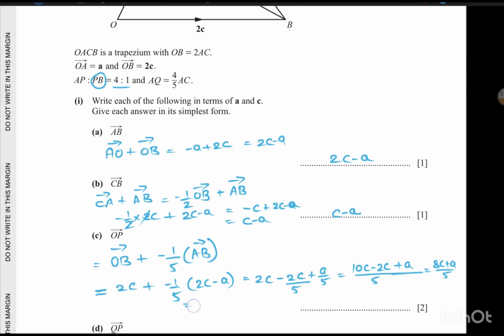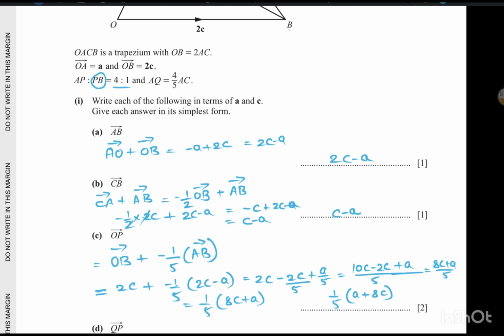That can be written as 1/5 of (a plus 8c). This is the answer for question C.